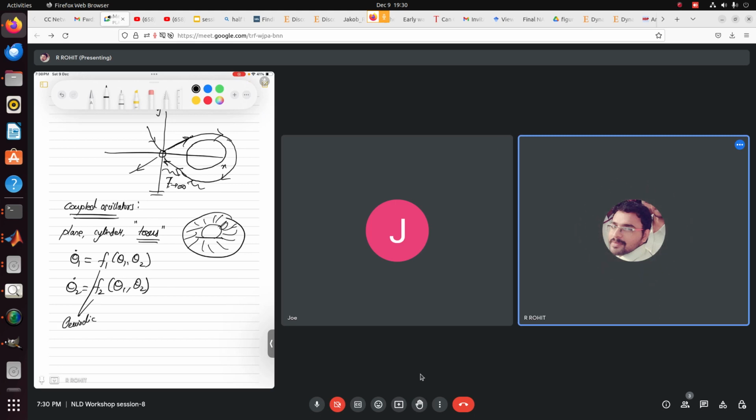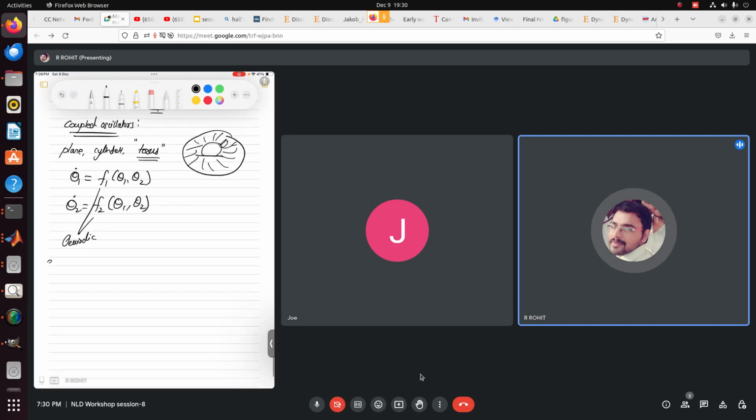A simple example of this kind of equation: theta 1 dot equals omega 1 plus k1 sine of theta 1 minus theta 2, and theta 2 dot equals omega 2 plus k2 times sine of theta 1 minus theta 2.